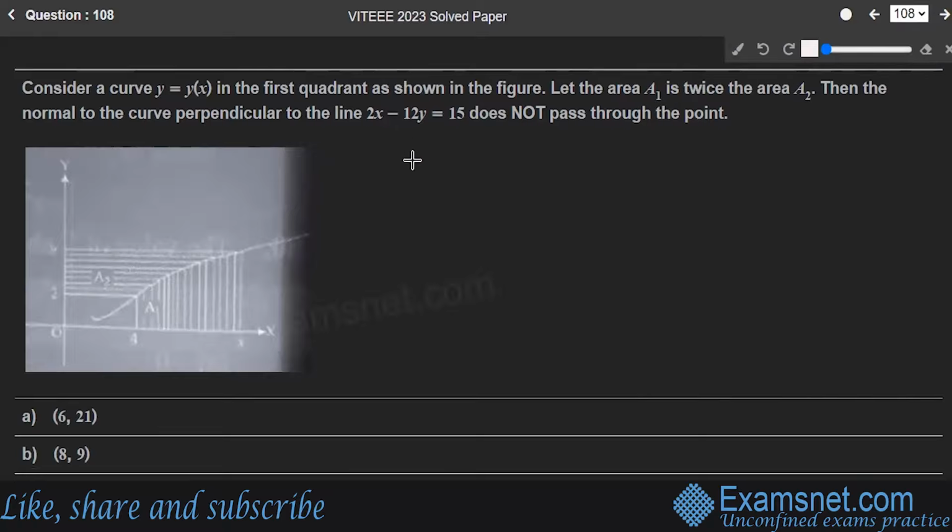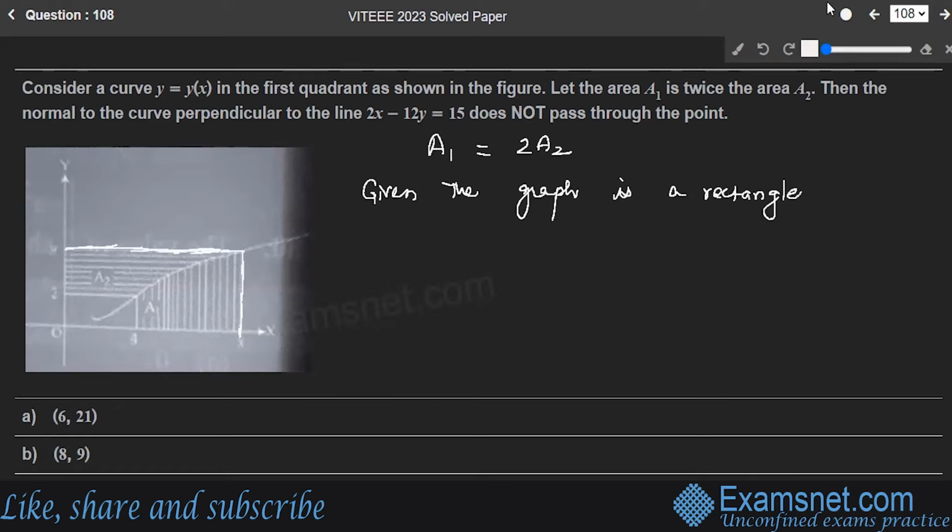All right. So here you are given a condition that area A1 is equal to twice area A2. Given the graph is a rectangle, the required area, that is A1 plus A2, is given by x into y.